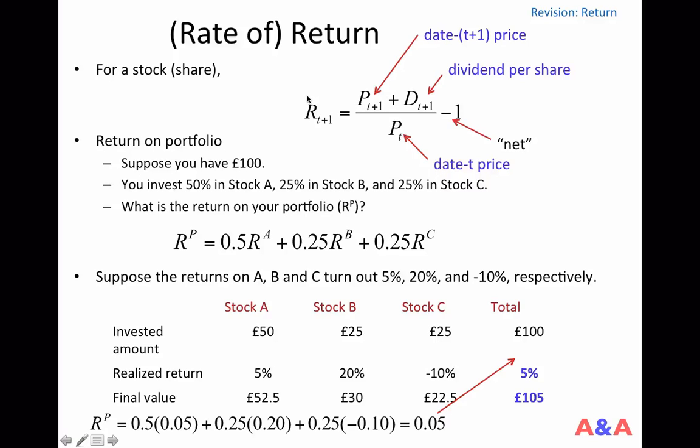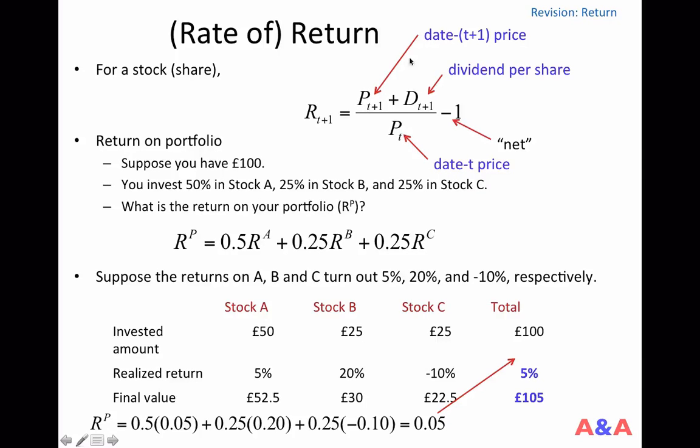And let's say today it's date T, and date T plus 1 is, let's say, 1 month from today. The rate of return on the asset that realizes at date T plus 1 is defined as the right-hand side of this equation.